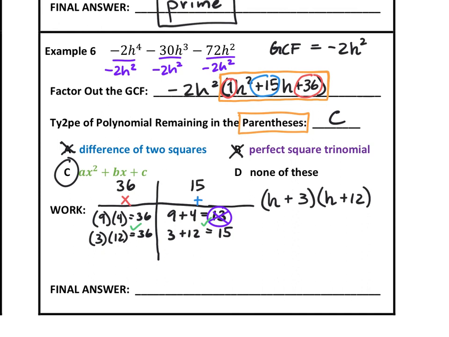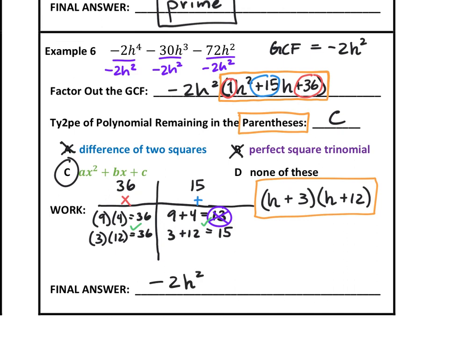But remember, the answer that I got right here is just the part in parentheses. I still need to put the GCF in the front of this. So I'm going to put the GCF first in my answer. So I'm going to write negative 2h squared.